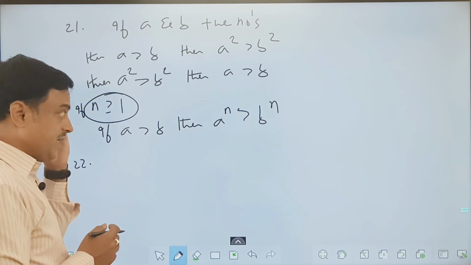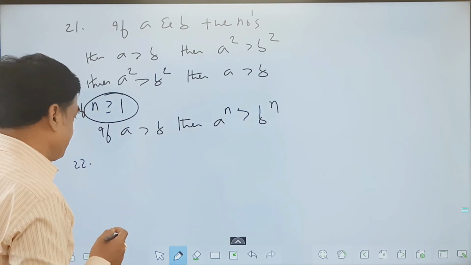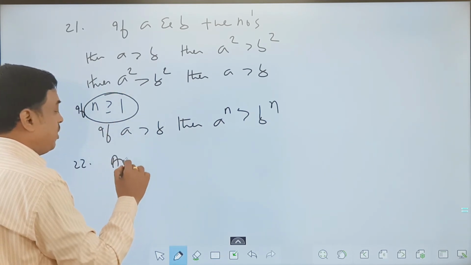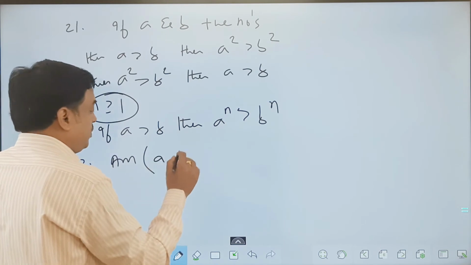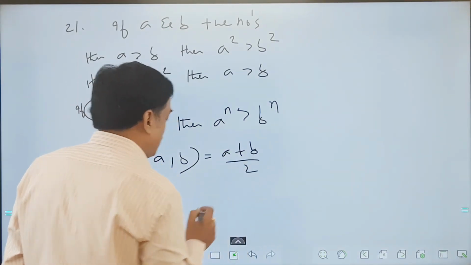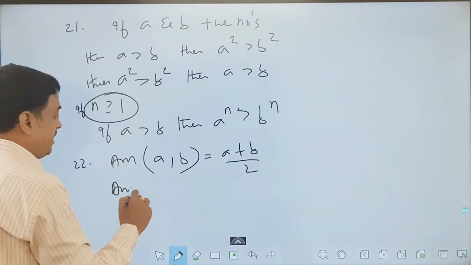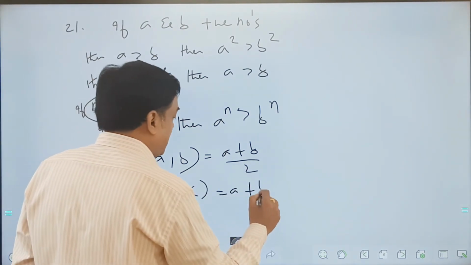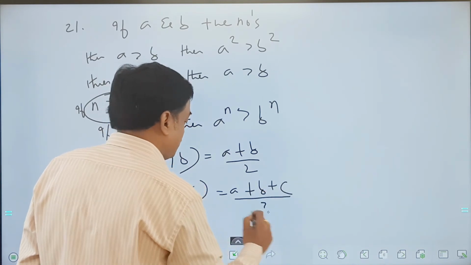We need to say one more point here. Do you know what the arithmetic mean of two numbers is? Say I have two numbers a and b, then it is (a plus b) by 2. And if it is the arithmetic mean of three numbers a, b and c, then it is (a plus b plus c) upon 3.